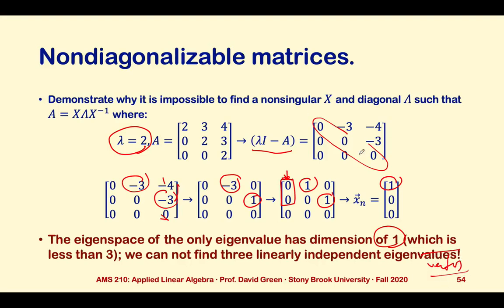In fact, the only eigenvectors for this matrix are scalar multiples of this single basis vector that we found for the one eigenvalue associated with this matrix. We definitely cannot construct a non-singular X. This is what we're looking for in the case of failure of diagonalization.